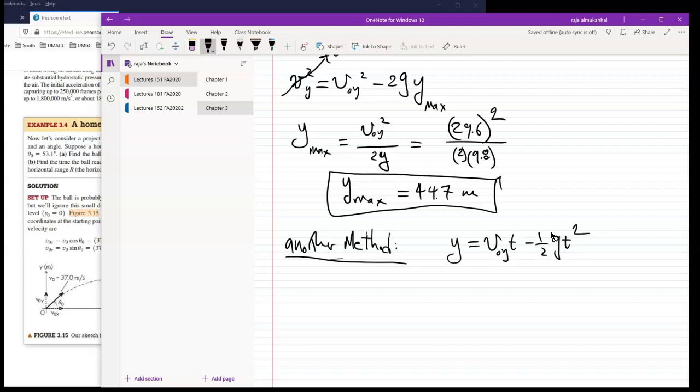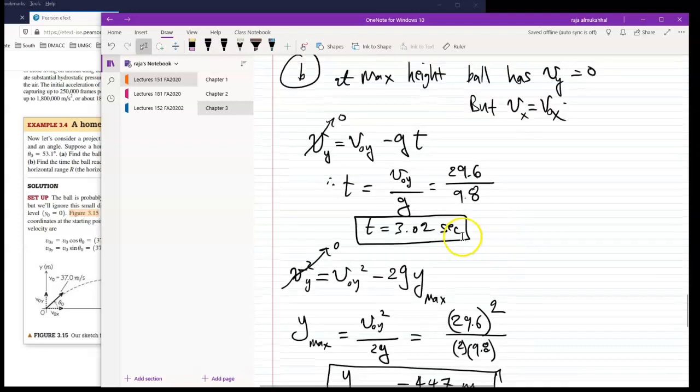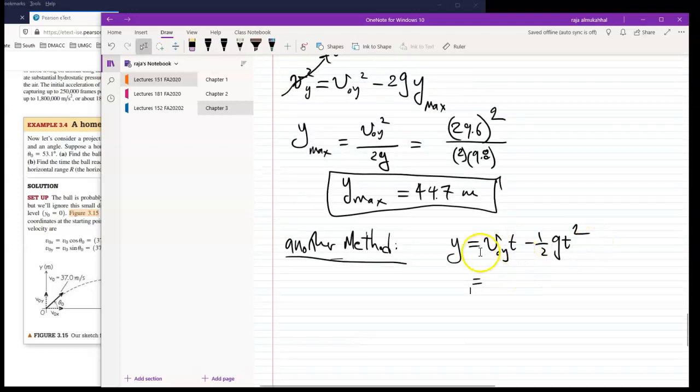Again, this one comes in really handy. And remember, I already know the time of reaching the maximum height, which is 3.02 right there. So I can just plug it in here, and that will give me the height at that time, which is the maximum height, and it should be this number.